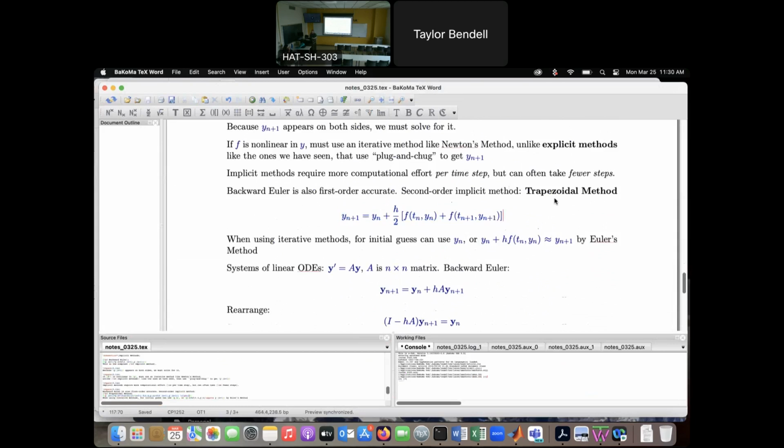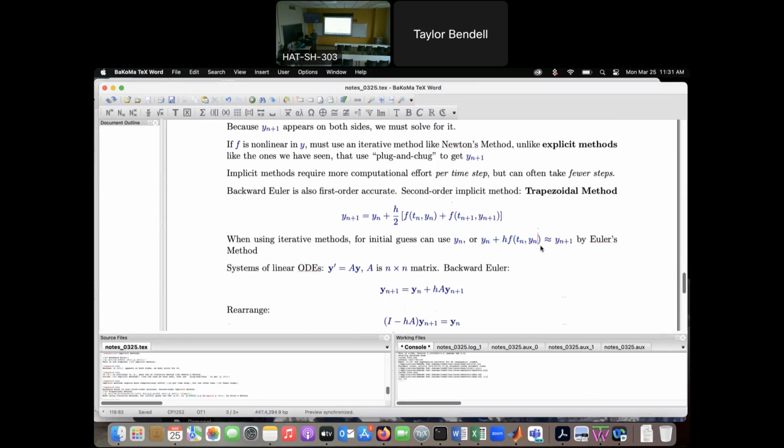Now, one of the nice things about using an iteration, if you need to, for solving an ODE as opposed to other root finding problems, is that at least you have a built-in initial guess. Because if h is small, then a decent approximation of yn+1 is yn that you already have. Or you can expend a little computational effort to approximate the solution at time tn+1 using Euler's method.